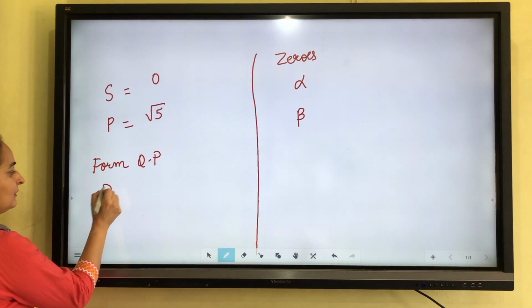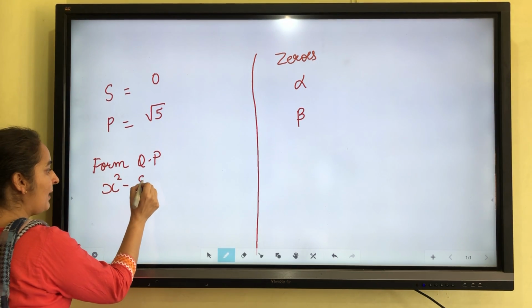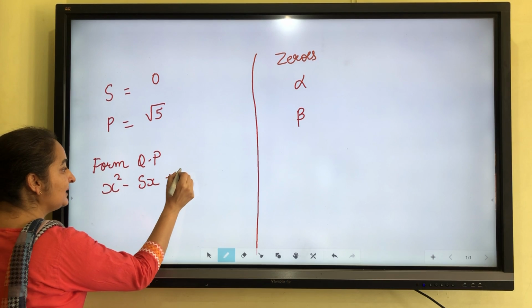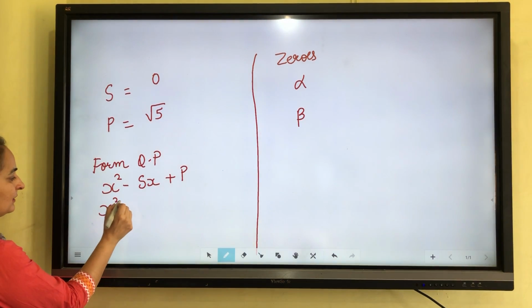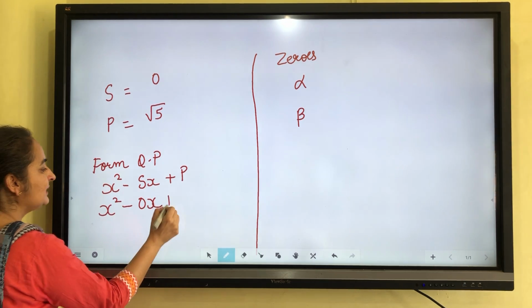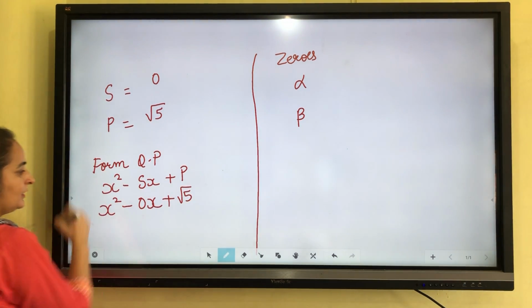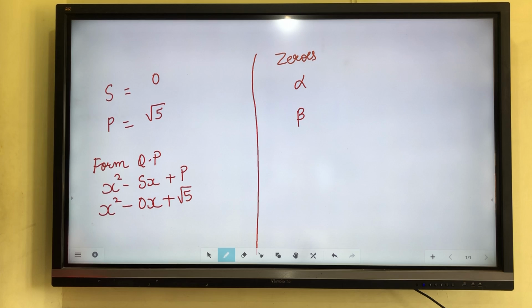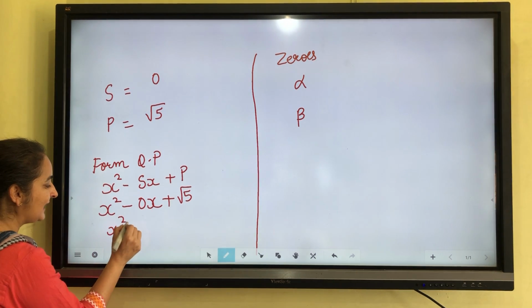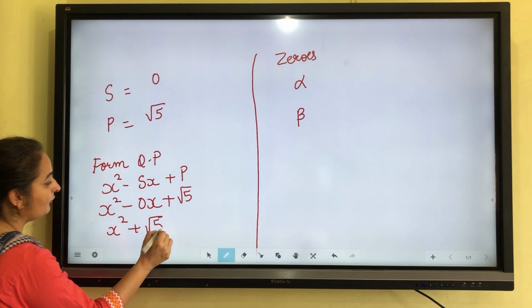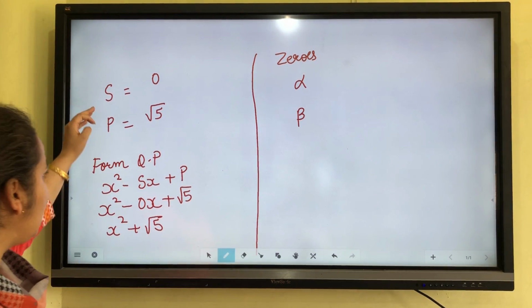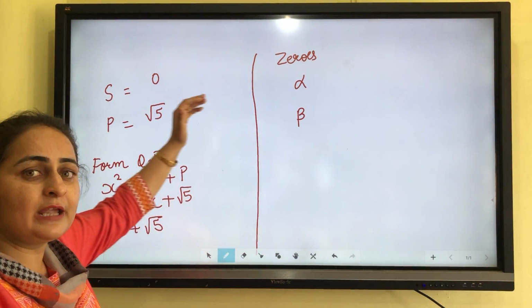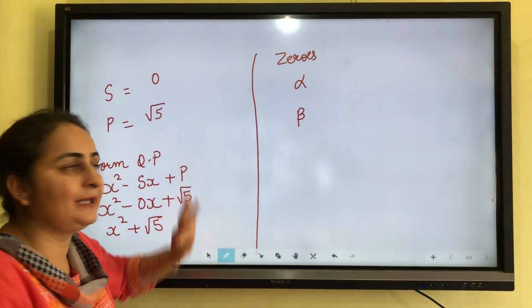You have to remember x square minus sum x plus product, that is x square minus 0x plus under root 5. You can leave it here, that depends upon you, or you can add one more step, that is x square plus under root 5.